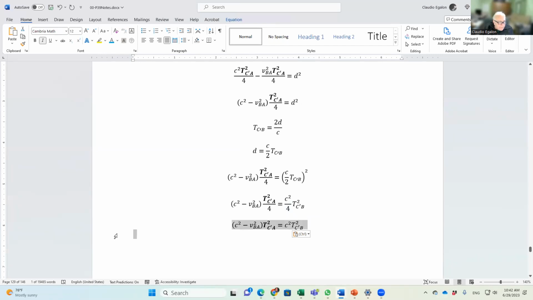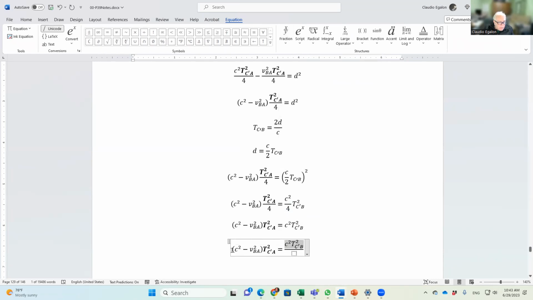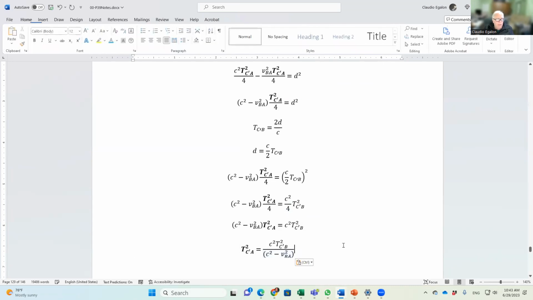And we can solve that for TC prime with respect to A just by dividing the right side by this term. Okay.